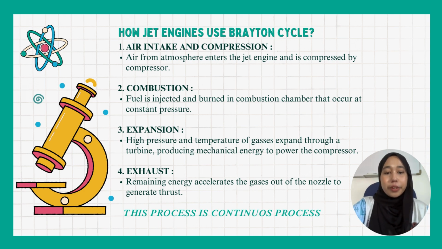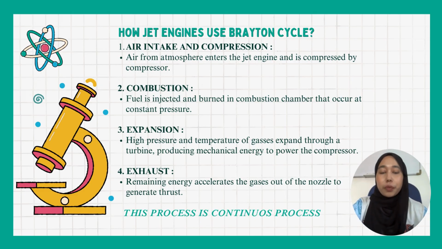As I mentioned earlier, the jet engine operates based on the Brayton cycle. It begins with air from the atmosphere being drawn into the engine, where it is compressed by the compressor. This compression significantly increases the pressure and temperature of the gas. Then the high pressure gas enters the combustion chamber where fuel is injected.